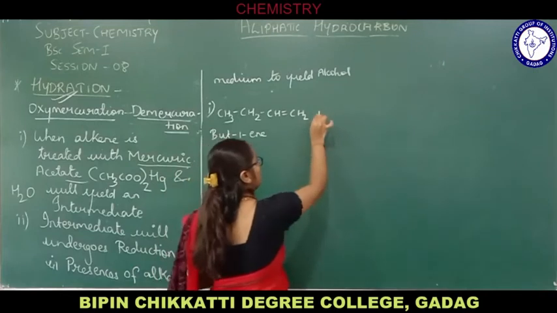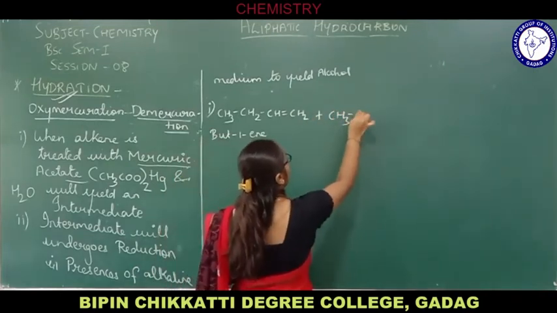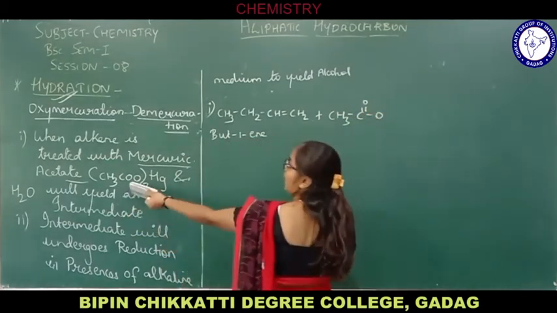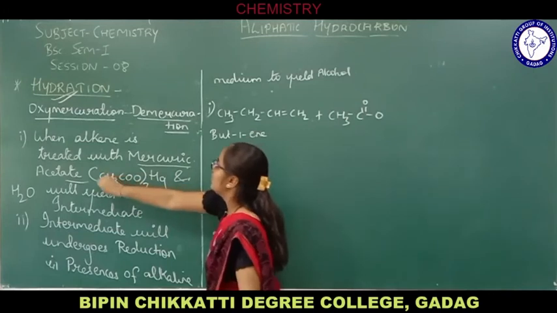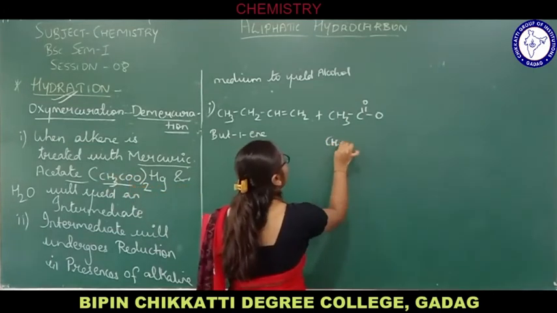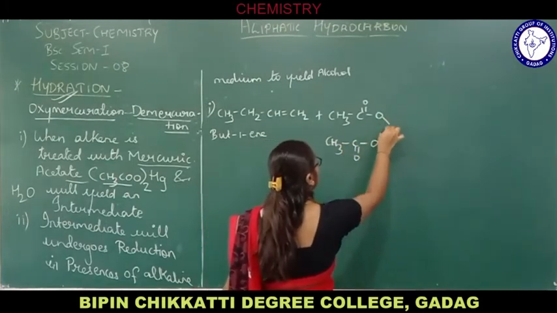Let's draw the structure of mercuric acetate. This is the acetate ion, and there are 2 acetate ions here. These 2 acetate ions will combine with Hg, which is mercury.